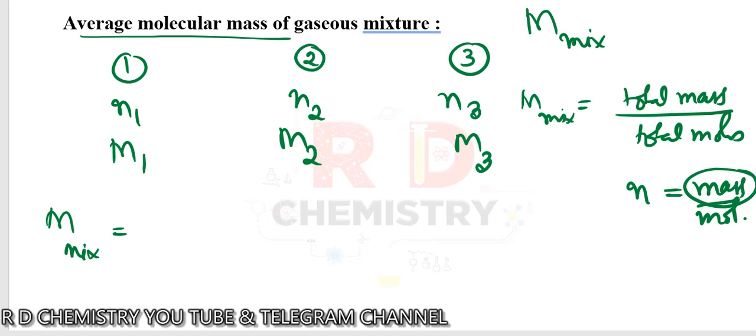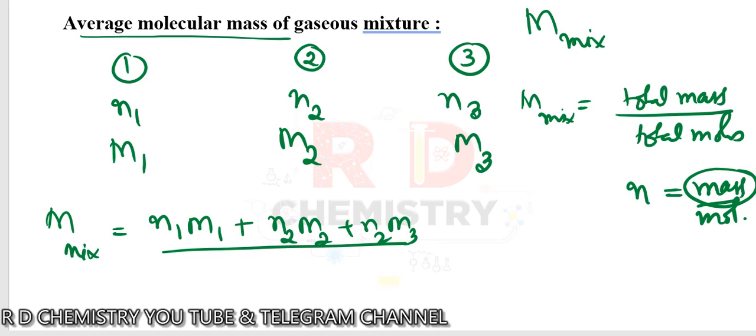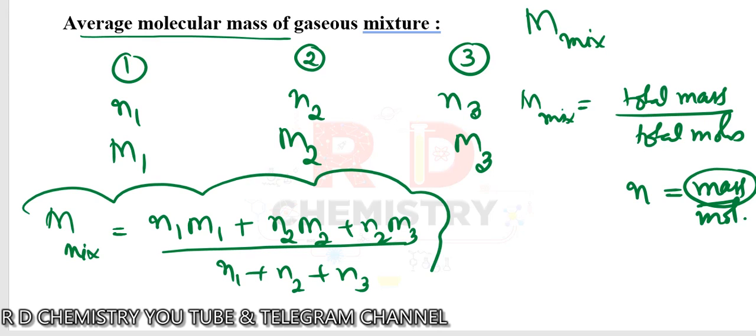So if there are three gases, for the mixture, it is N1 into M1 plus N2 into M2 plus N3 into M3, divided by the total number of moles N1 plus N2 plus N3, right? This is the helpful formula.